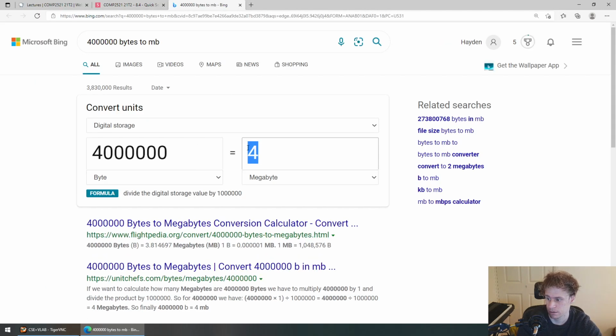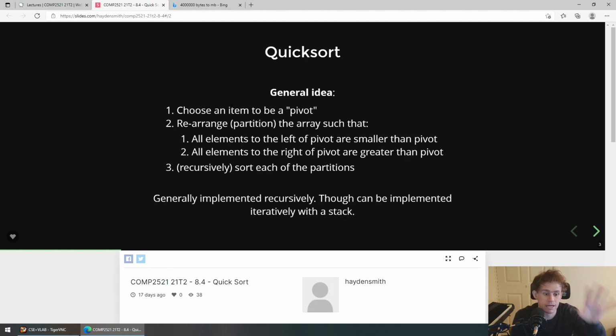So if you're trying to sort 1,000,000 items, you're immediately looking at mallocing 4 megabytes of memory. On some systems, that could be non-trivial, right? It can be a non-trivial amount of data, and obviously that can go up substantially. So that's the one downside of merge sort, that you need that extra memory.